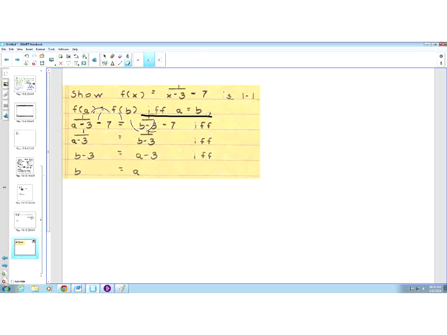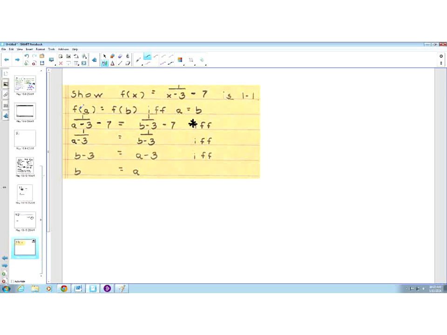So for instance, we take our function f of x and we plug a in for x. So we have 1 over a minus 3, minus 7. Now if it's one-to-one, then that must equal 1 over b minus 3, minus 7. And after simplifying this expression, we need to solve for a in terms of b.